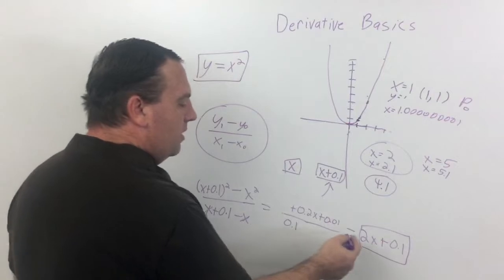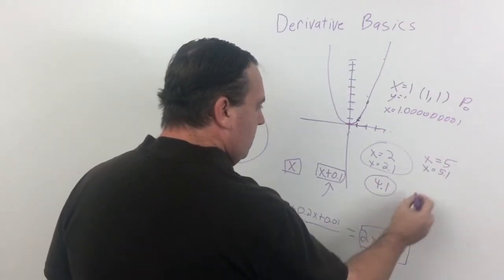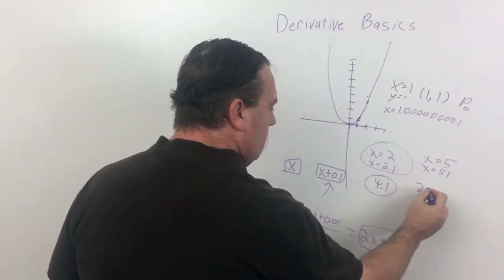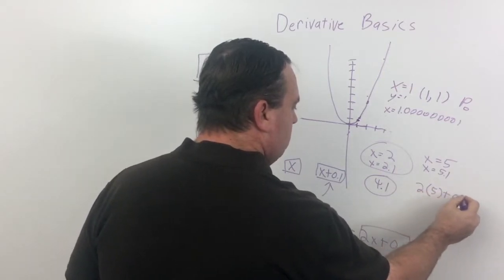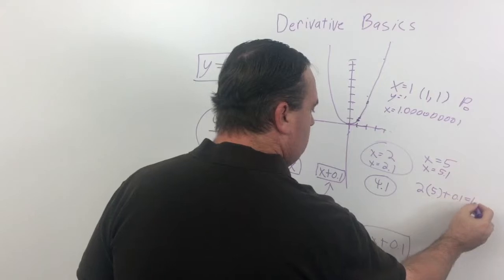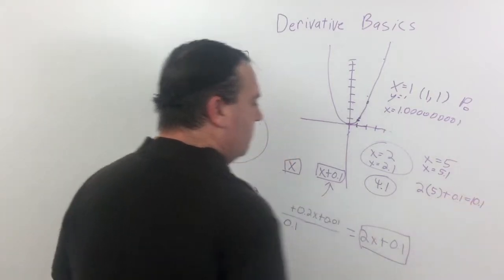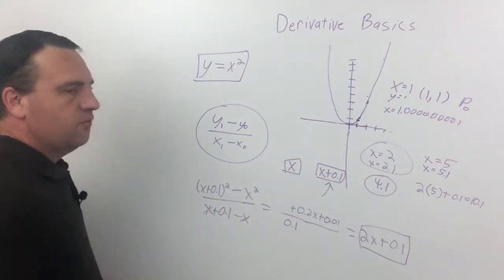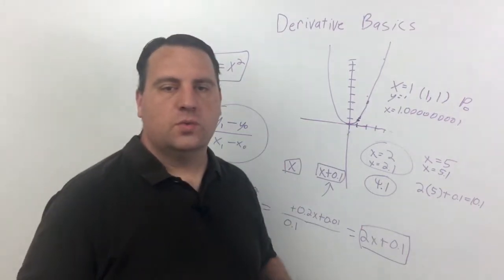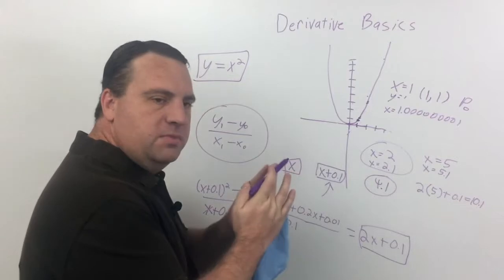And so we can say that the slope is 2 times our x value plus 0.1. That's equal to 10.1. Okay, so we can recalculate this formula for however close we want the 2 points to be.